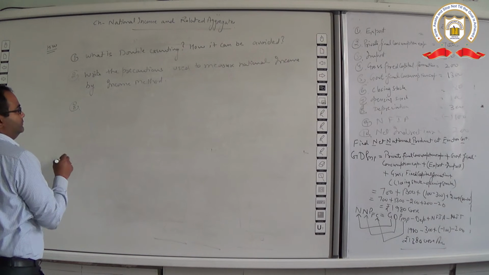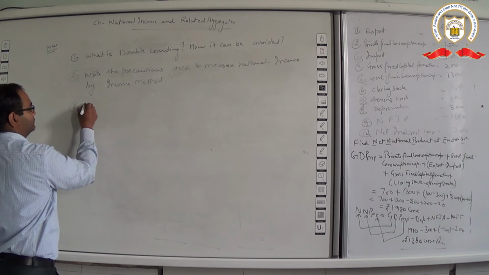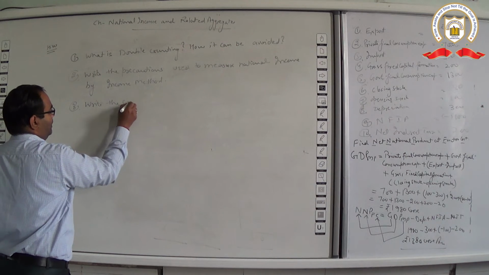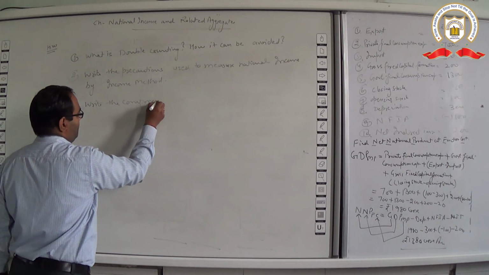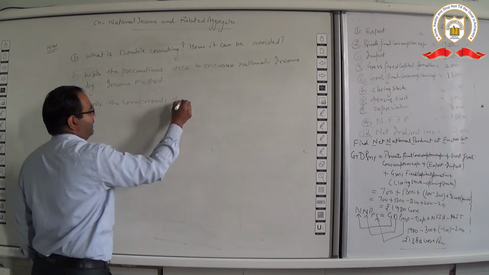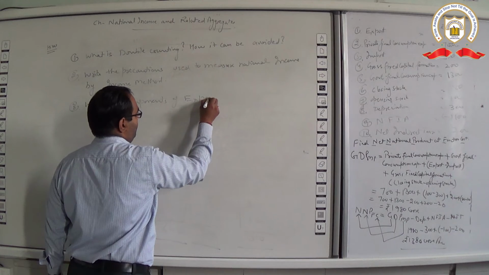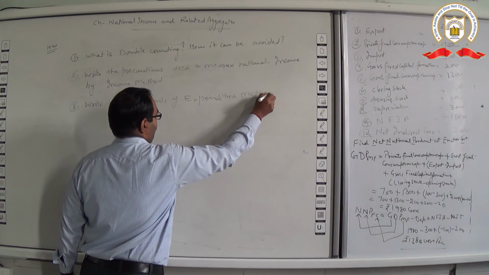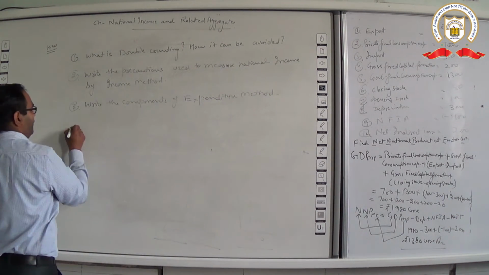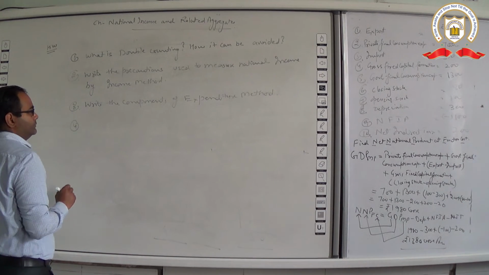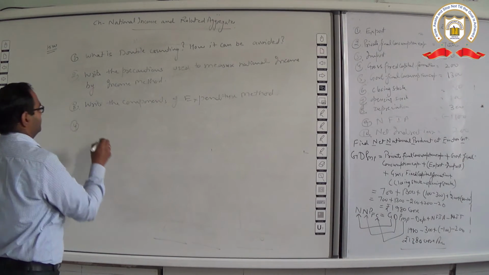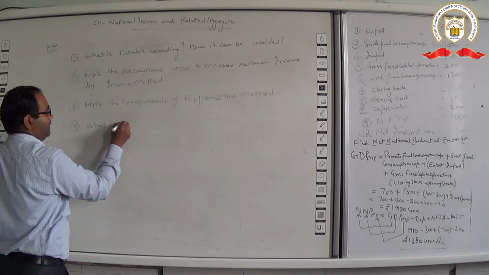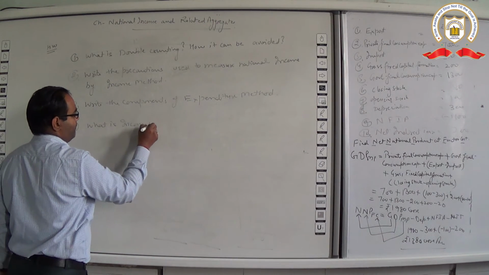Third, write the components of expenditure method. Fourth, what is income method?